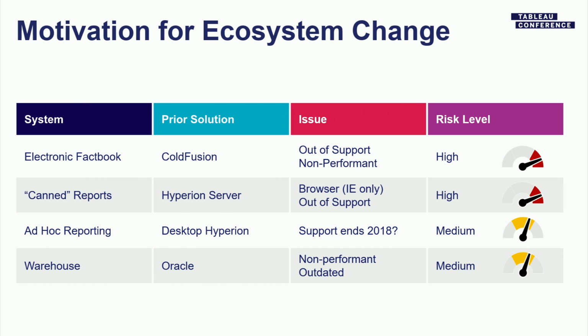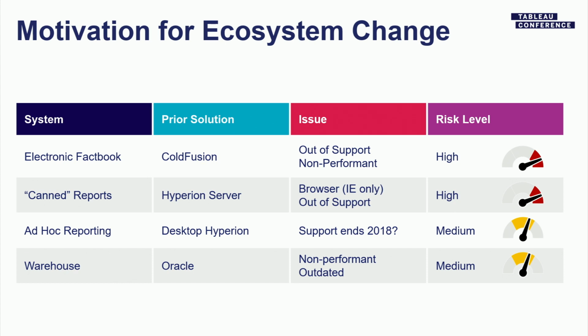So we keep paying the licensing fee to feel better. And then our warehouse is on Oracle, on a version that shall not be named to protect the not so innocent. Let's just say it doesn't take international characters. It's therefore non-performant and outdated and also a risk.